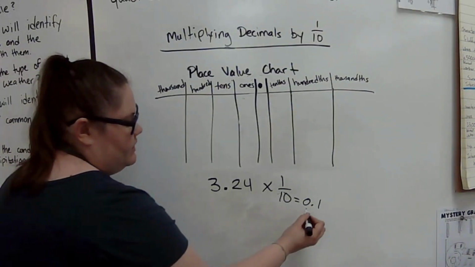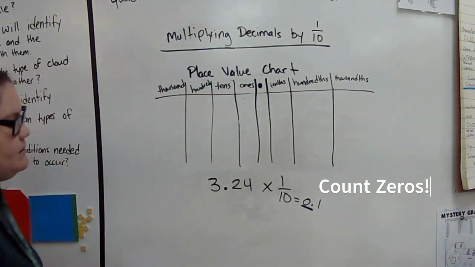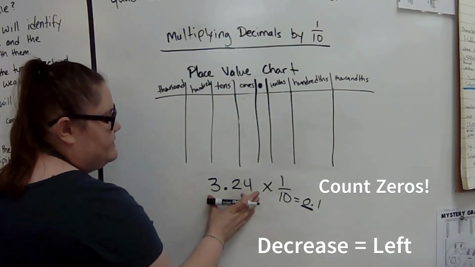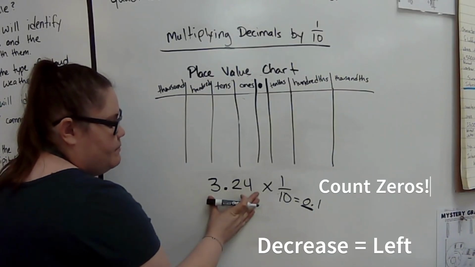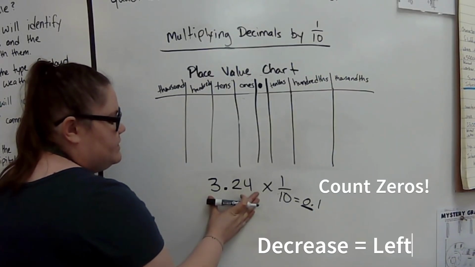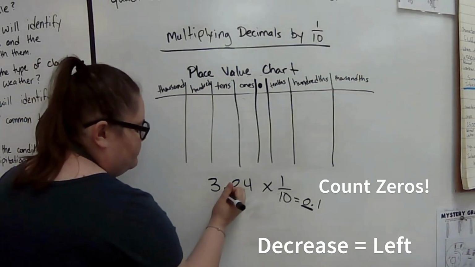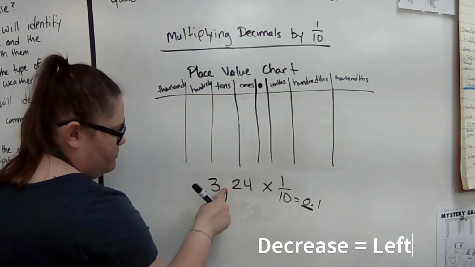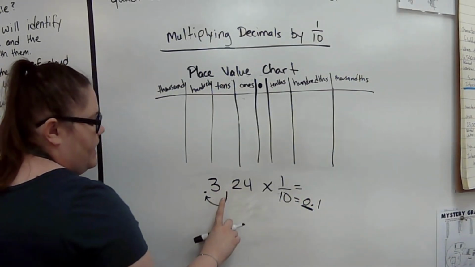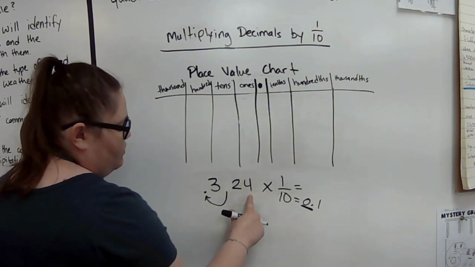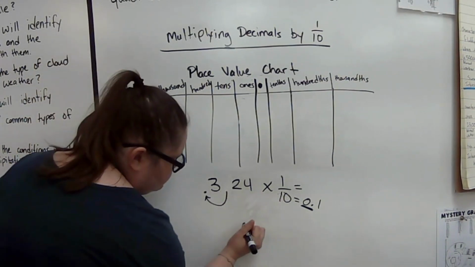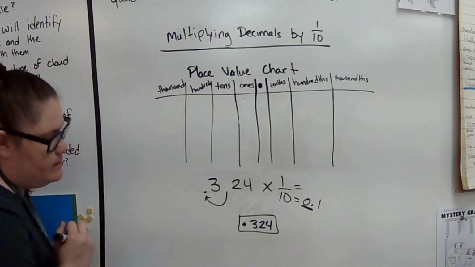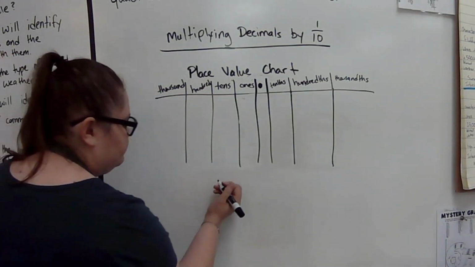So they know there's only one decimal place. My value is decreasing this time, so I am moving my decimal 1 place value to the left. So I now have 3 and 24 hundredths times 1/10 equals 324 thousandths.